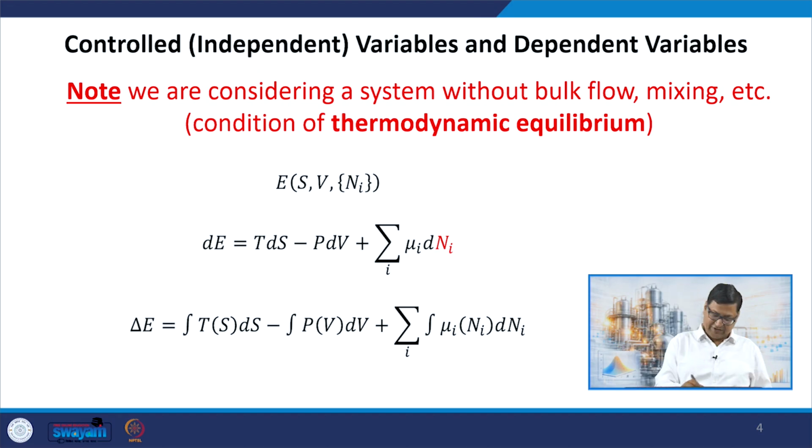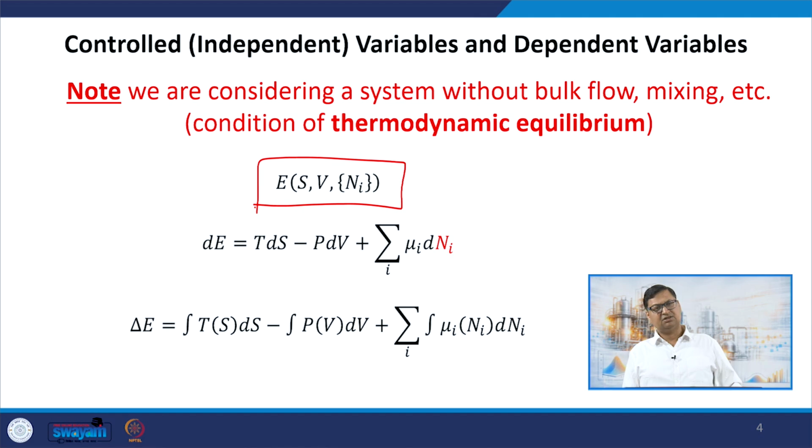So, now if I look at that internal energy again, and I want to look at it for the system which was isolated, I ask myself, what exactly is the energy of this isolated system a function of, right. We have three pairs of variables that we have just discussed in the previous slide that are very, very important here.